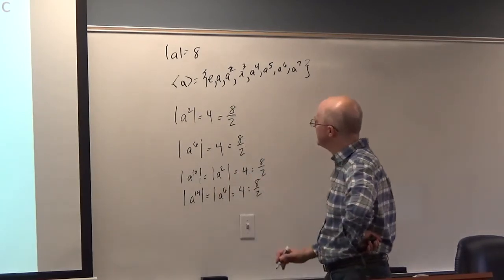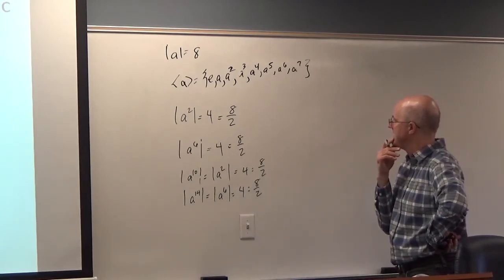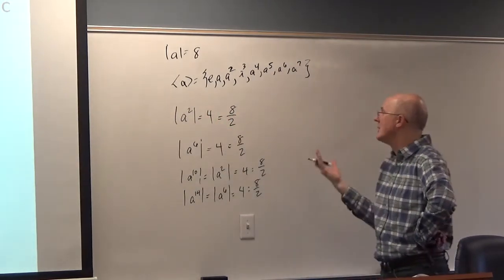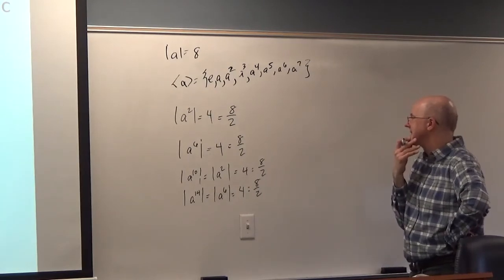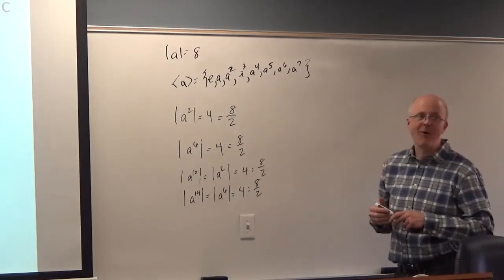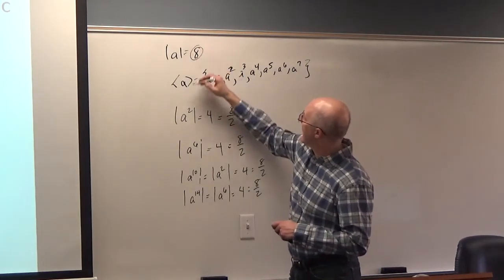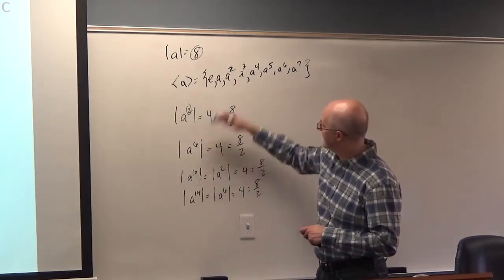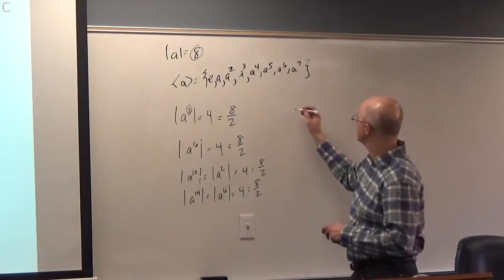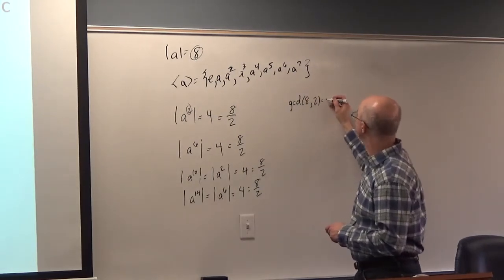Do those numbers in relationship to 8 share a property? You could say the difference between each successive power is 8 divided by 2. Is that the main thing you want to focus on? Not necessarily. If you think about it more and if you experiment more, you can notice that comparing 2 and 8, 6 and 8, 10 and 8, 14 and 8, and thinking about the GCD of those pairs: the GCD of 8 and 2 is 2.